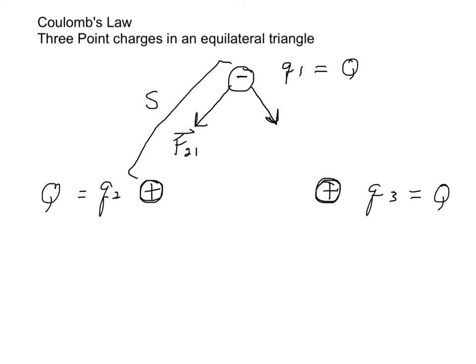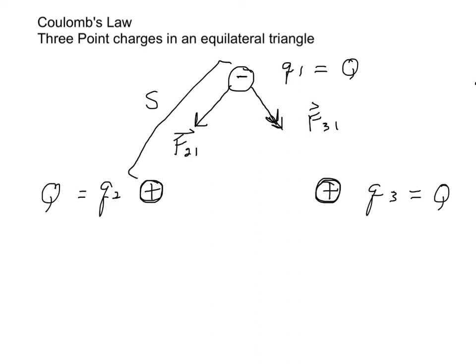Attractive force, it's not really the same length, is it? Attractive force on charge 1 going toward charge 3, and that label would be F vector of 3 on 1.